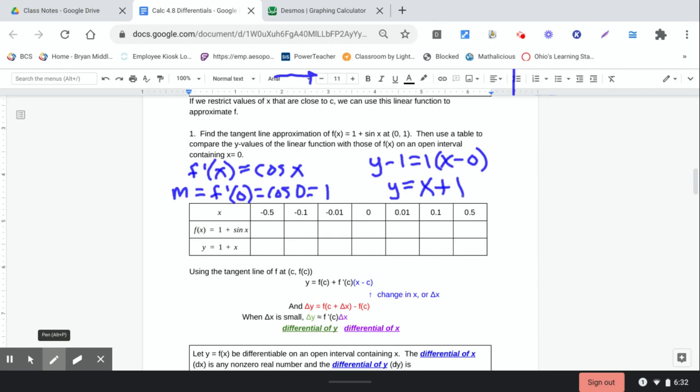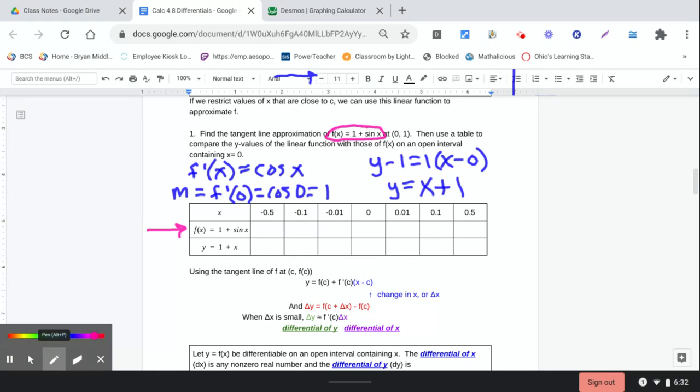Okay, so here in this table, I have the function. Remember, that's the original function we started with. And then here's the tangent line. So what we're going to do is plug in values for x. First, I'm going to plug into the actual function, f of x, so not this one. I'm going to plug into 1 plus sine x, and I'm just going to use a calculator.